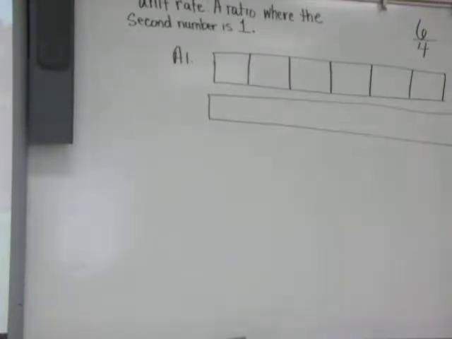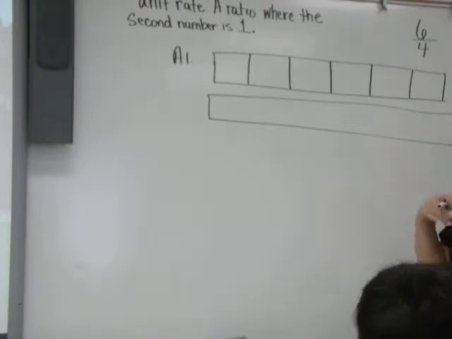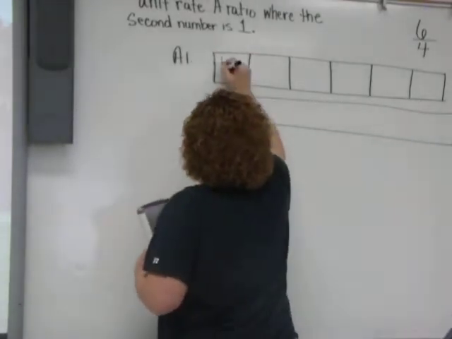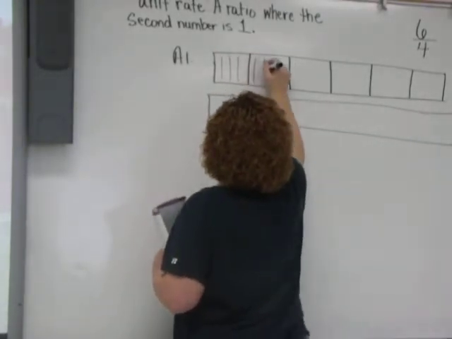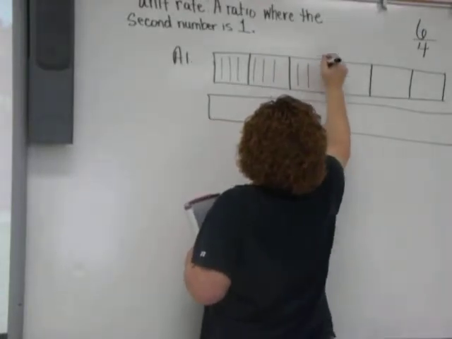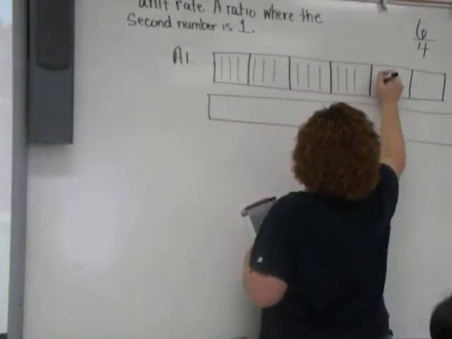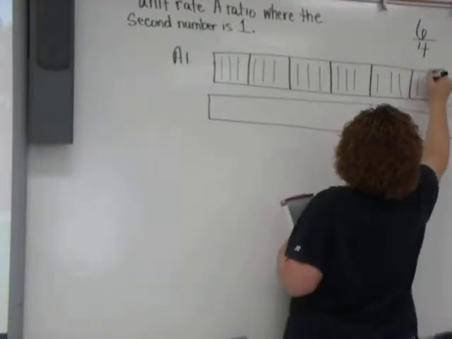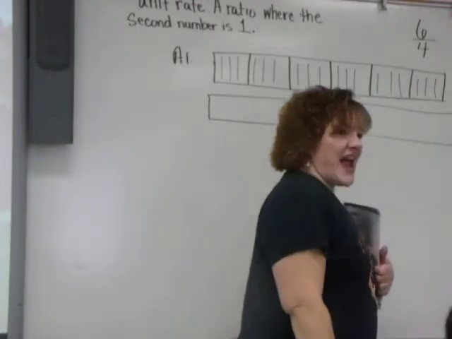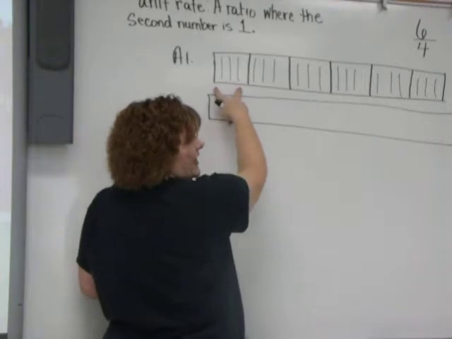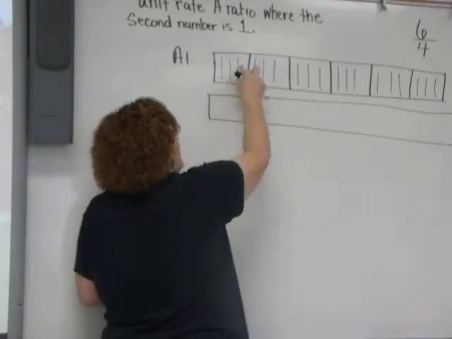So 1A says I have 6 equal pieces and I'm dividing it equally into 4 groups. So you're going to take each whole segment and break each into 4. So you're going to make 3 marks in each segment, because that's going to break it into 4 equal pieces. So you should have each segment broken into 1, 2, 3, 4 pieces.